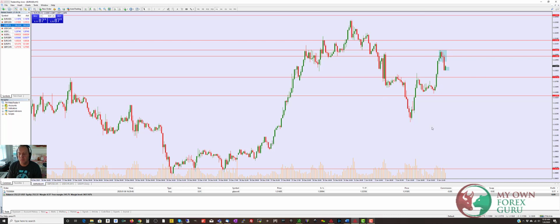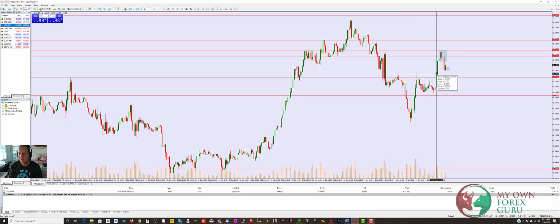So when we go out, we see that we had this pivot here. It broke through that. It broke through this resistance. It broke through this top here, and this is a double top here, basically, that it broke through as well.